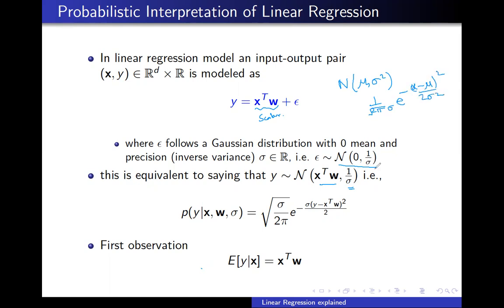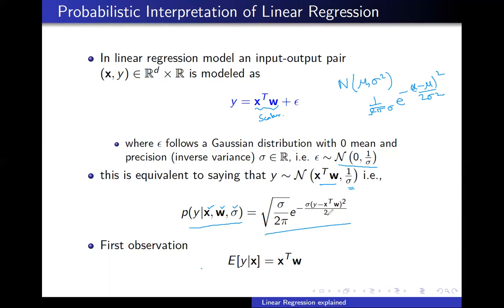In our case, the variance is 1 over sigma, it's not squared. So if you plug in the same formula, you have the probability density of Y given a data point, given a W, given a sigma. Y follows a Gaussian distribution whose PDF is given by this formula, simply plugging in the appropriate mu and sigma in the standard normal PDF.